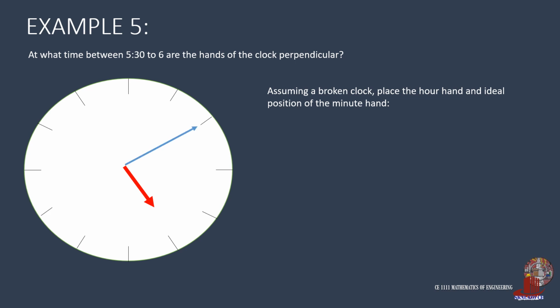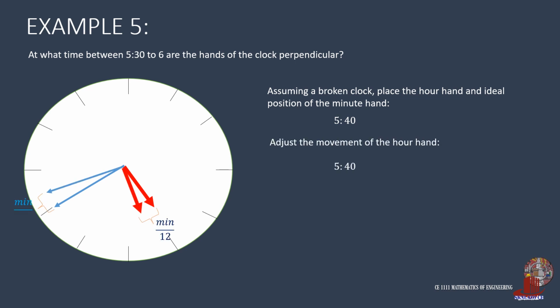At 90 degrees, we place the minute hand to 10 minutes. But then, the time can be taken as not within the range of 5:30 to 6. Now check the second time scenario, when the minute hand is placed at 40 minutes. This makes the time within the range, so continue with the adjustment.